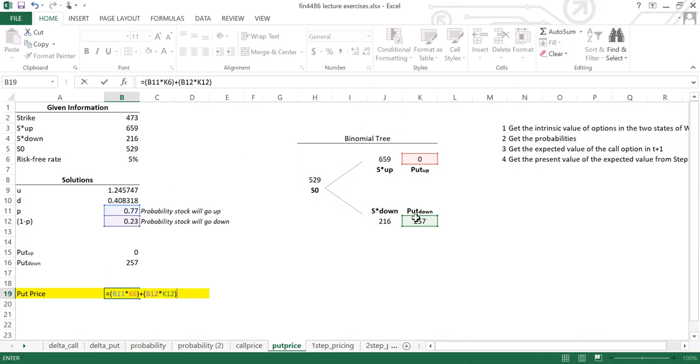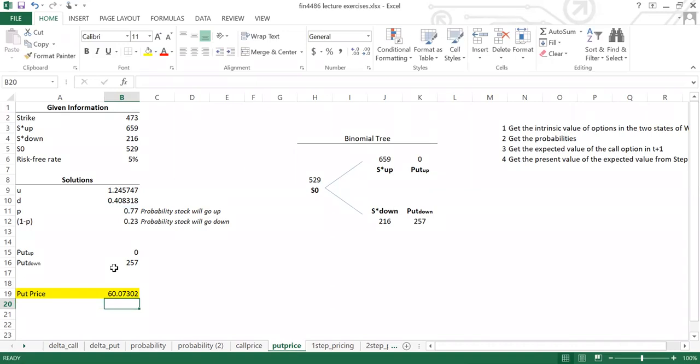So once again, when you are in the bad state of the world for the stock, your put option is gaining value, so you're gaining from holding a put option. So far we just have p up times the value of the put in the up, good state of the world, plus p down times the value of the put in the bad state of the world for the stock.